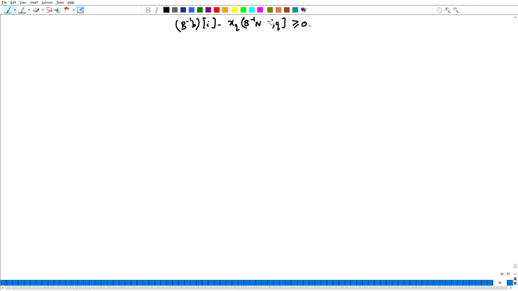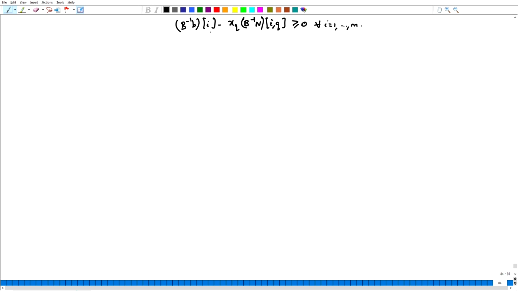So, I will write it this way. Please recall, x_q is a scalar, B inverse b is a vector, and B inverse N is actually a matrix, but since I have just taken the qth column, it is a vector. So, (i, q) is a scalar. So, this must be greater than or equal to 0 for all i in 1 to m.